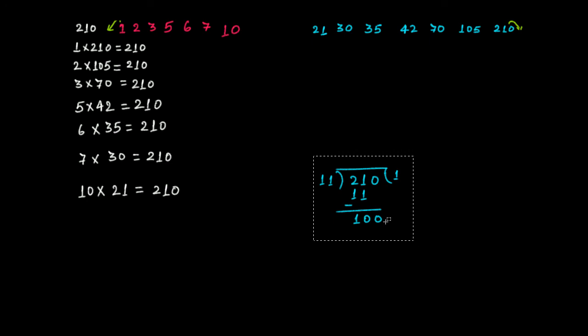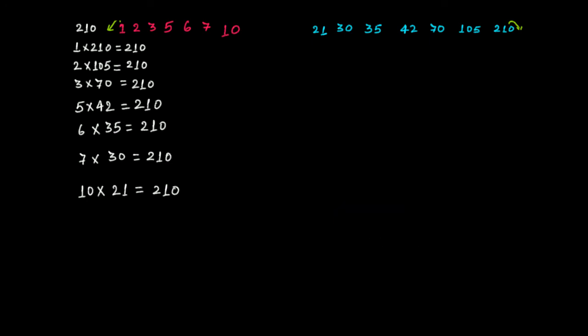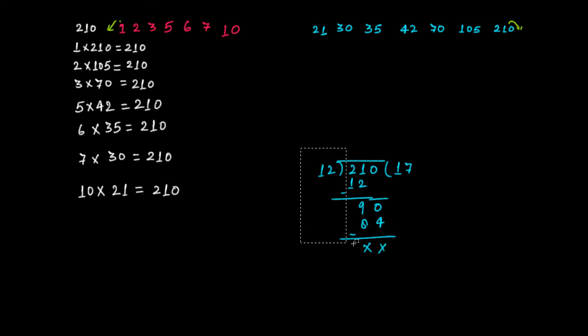What about 12? Is 210 divisible by 12? 12 times 17 is 204, and there is a remainder, so 12 is not an option.